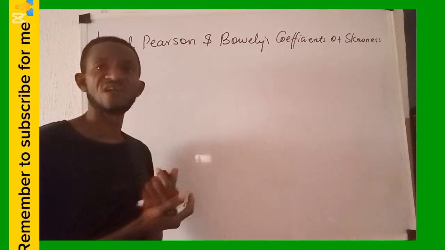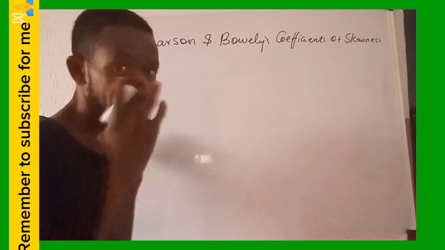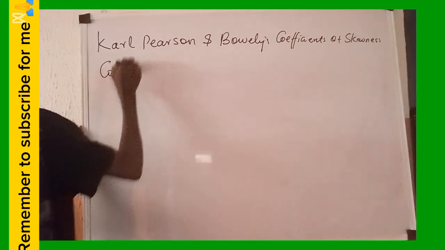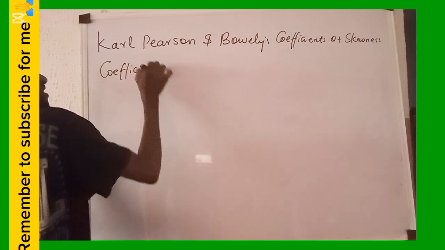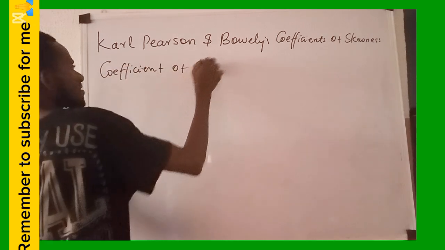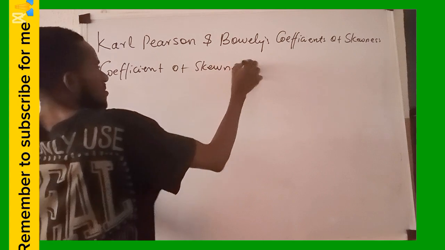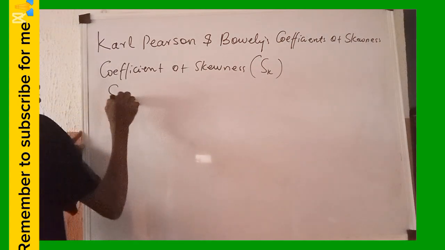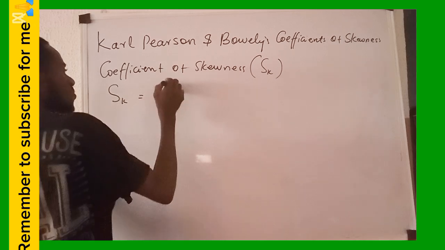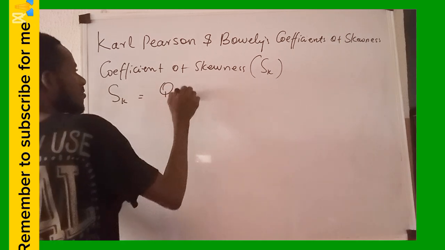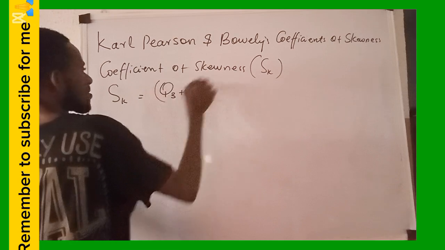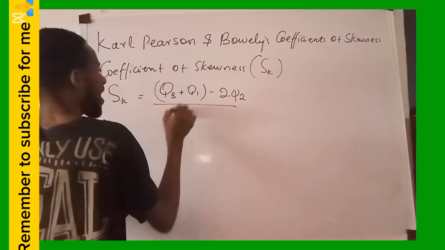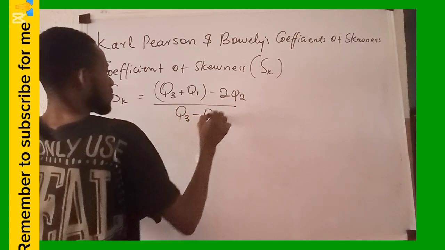According to Bowley, the coefficient of skewness, which is S subscript K, is given as S subscript K equals Q3 plus Q1 minus 2 Q2, all over Q3 minus Q1.